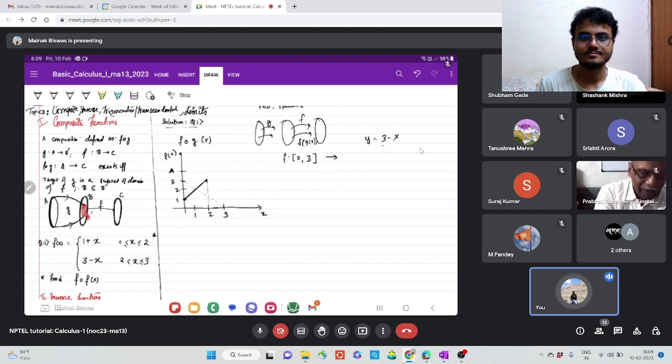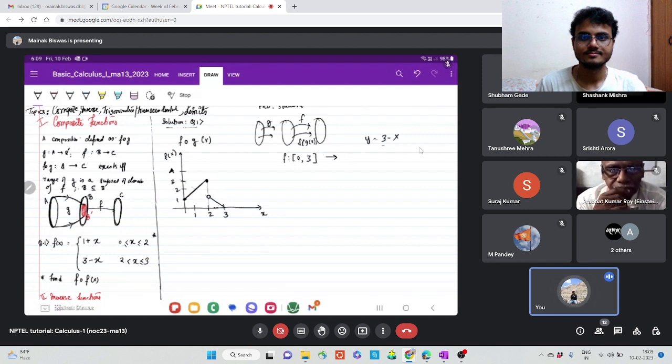Since it is defined for only 2 to 3, we would take only this part. It's open here. I showed you how to draw open circles and closed circles. This is open at 2, meaning that 2 is not in this piece of the function, and here 2 is with the other piece. So this is the graph of f of x.